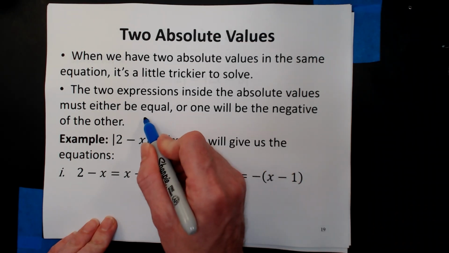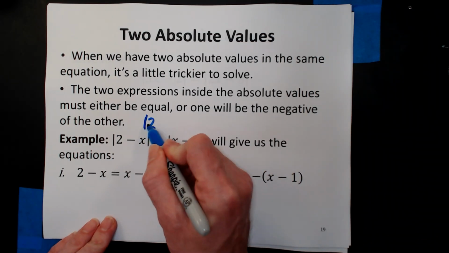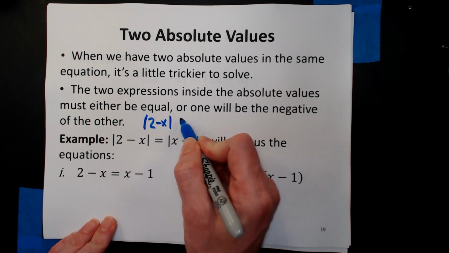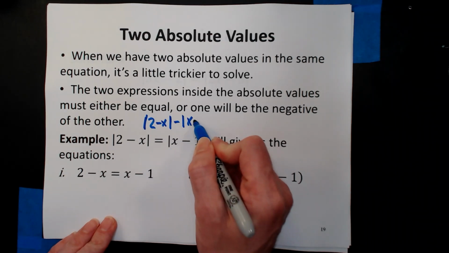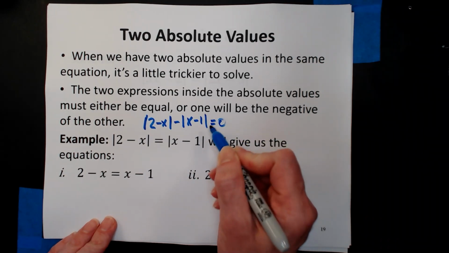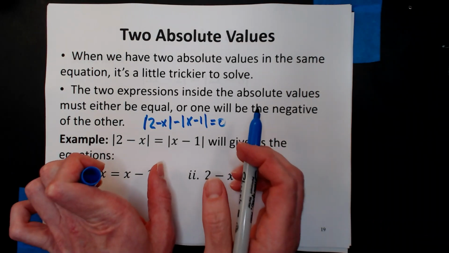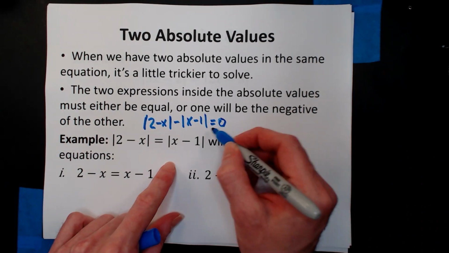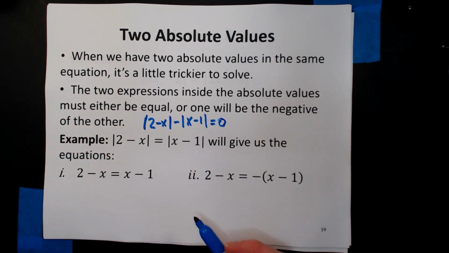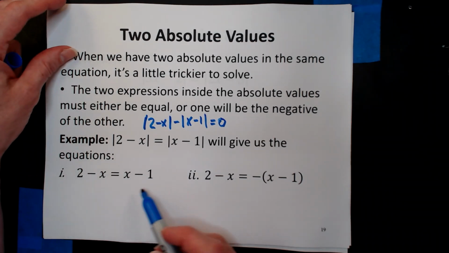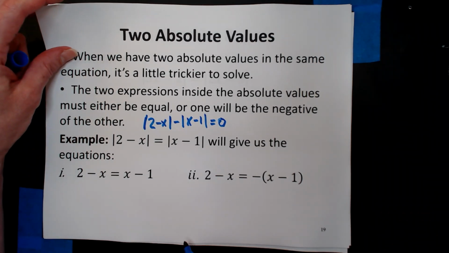Now in Hawks, you may see it written as the absolute value of 2 minus x minus the absolute value of x minus 1 equals 0. In other words, they put both the absolute values on the same side. You have an additional step to move it to the other side, so be aware of that. And so this will give us two equations, which we will then go and solve.